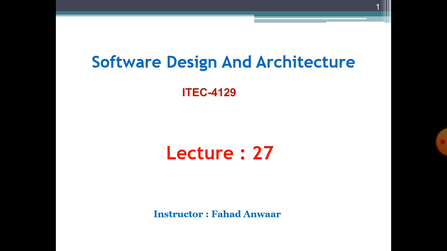So students, before I start today's lecture discussion, I would like to give you a little bit of a recap about our last lecture. Students, in our last lecture, we saw how a software architecture can be documented, and we saw the practitioner community perspective of documenting any software architecture, where we saw different approaches towards software architecture documentation.